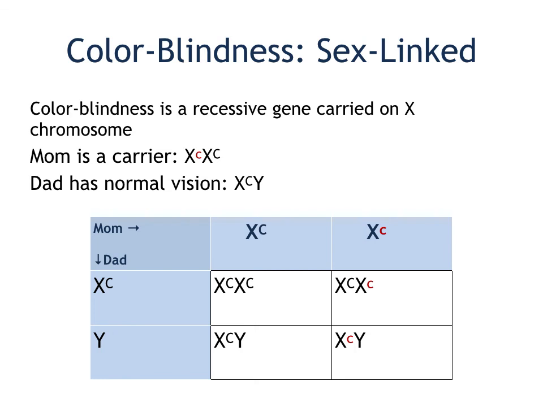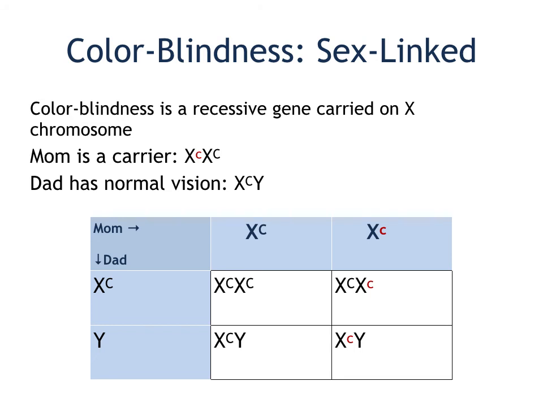So what you have there is a carrier female. She has one normal chromosome that makes her not be colorblind, and she has one abnormal chromosome that gives her carrier status.